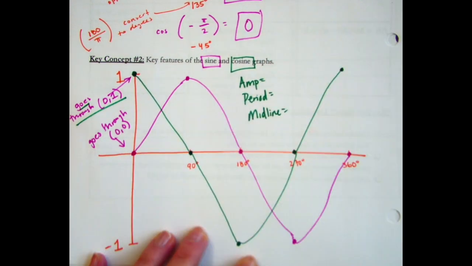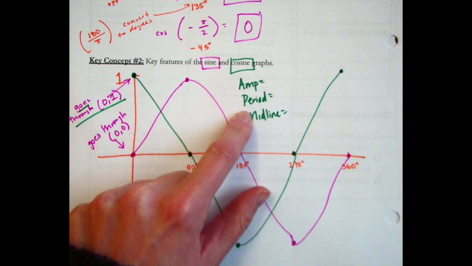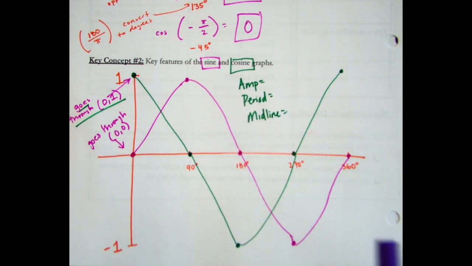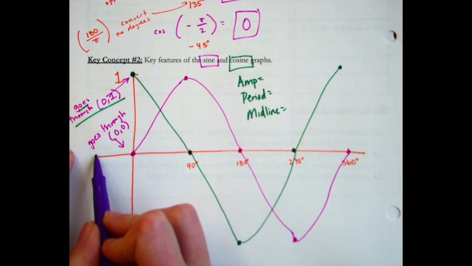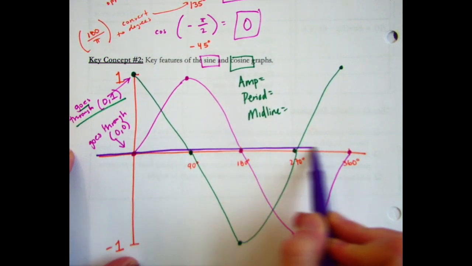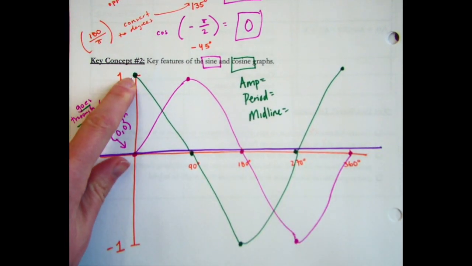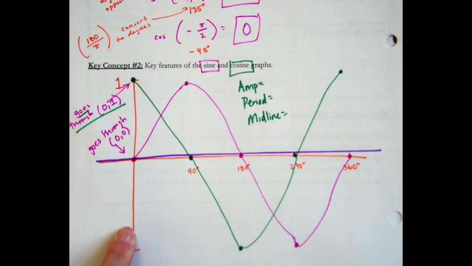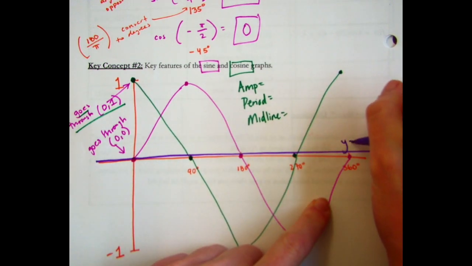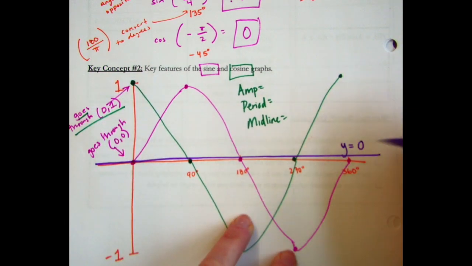Again, maximum is 1, minimum is -1, therefore the halfway point or the midline would be 0, halfway between +1 and -1. So the midline is at y equals 0. Because the midline is a horizontal line, we always write it in the form of y equals something.